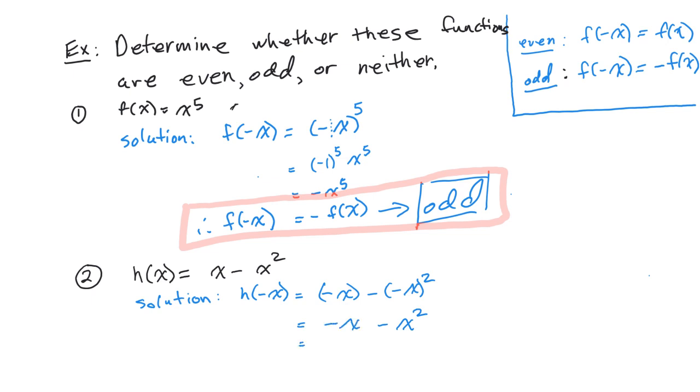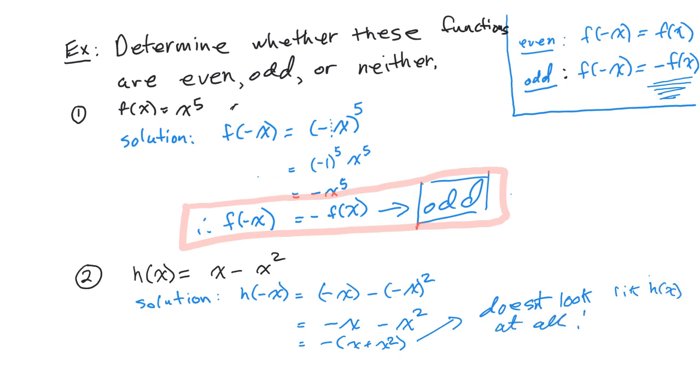So in order to make this look like our odd function, I'm going to try and pull out a minus sign from both of them. So you end up with -(x plus x squared), which doesn't look like h(x) at all. And there is, in fact, no way to manipulate this.